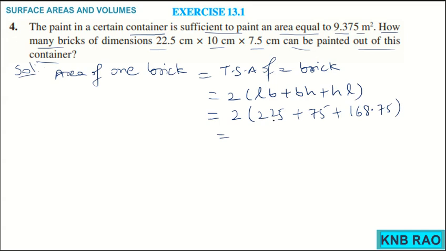Now, the sum of them: 225 plus 75 is 300, 300 plus 168.75 becomes 468.75, multiplied by 2 gives you 937.5 centimeter square.